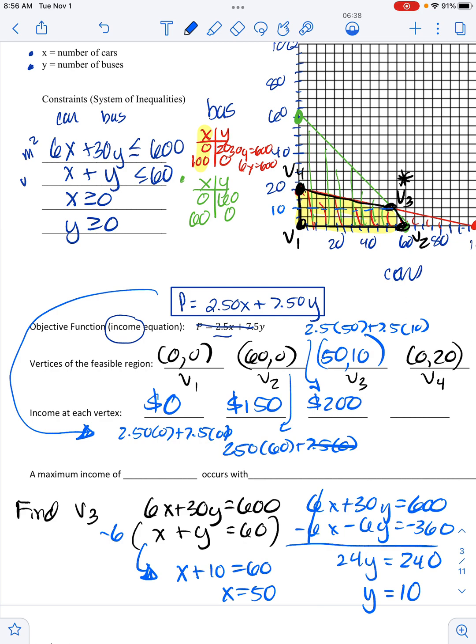And on this last one, I am plugging in my 0 for X and my 20 for Y. Sorry. And I'm ending up with $150. So this is going to be the combination that produces the most income. So to maximize my income to $200, I'm going to have 50 of the X, which was cars, and 10 of the Y, which was buses.